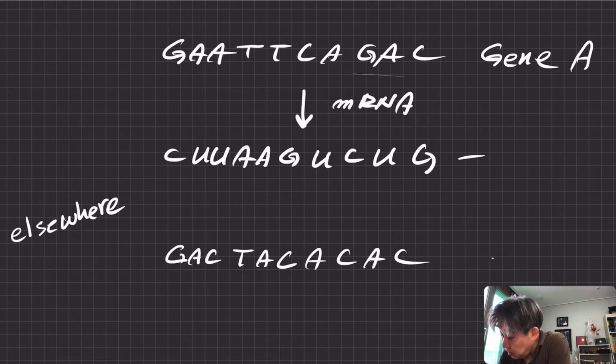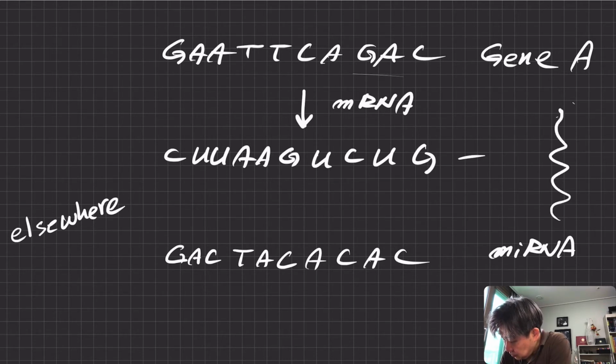This is a microRNA, whose sequence is very similar to A but not identical. So here you have this sequence and this sequence. This sequence is different from this DNA sequence originally.